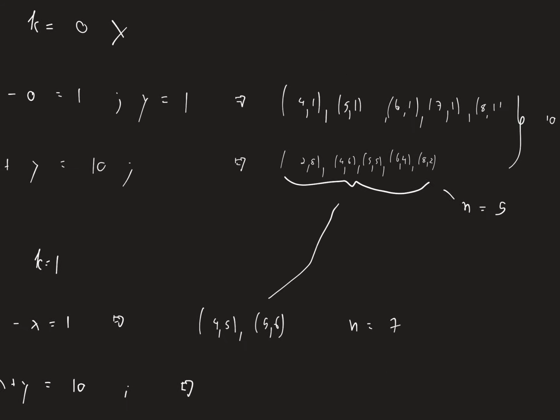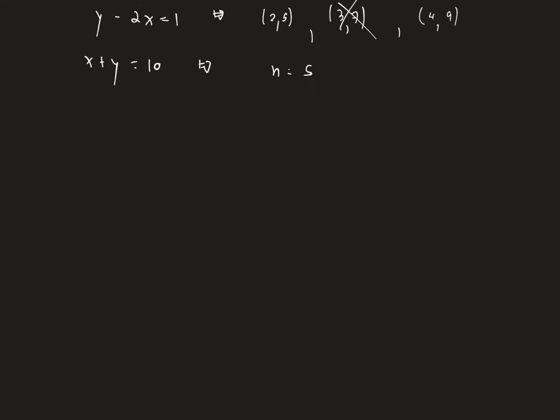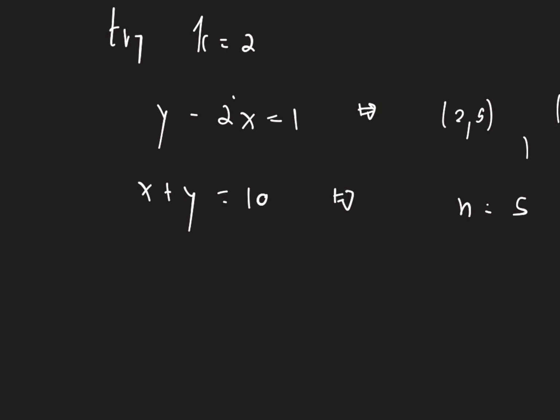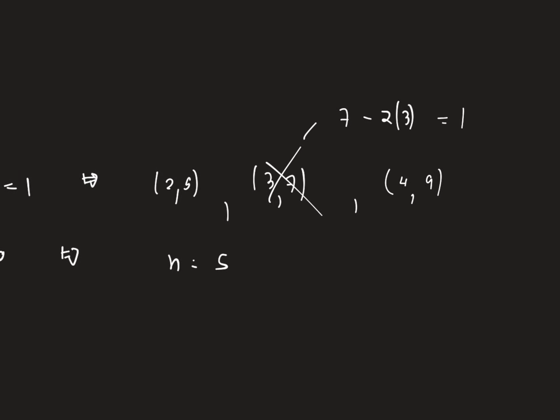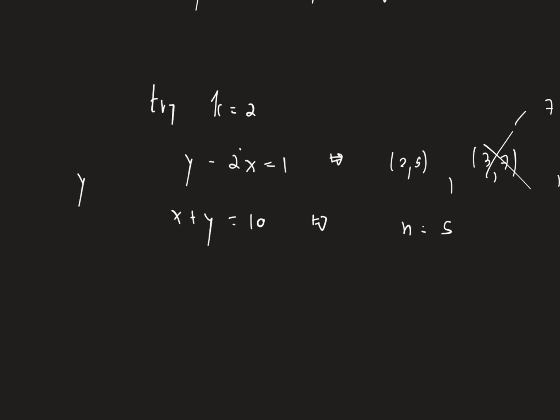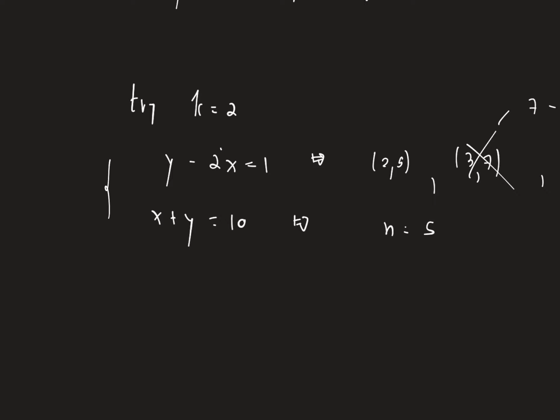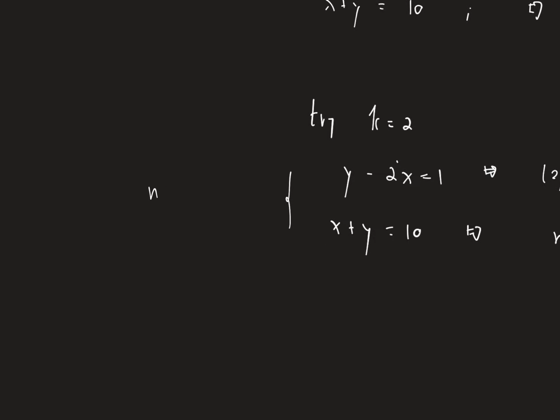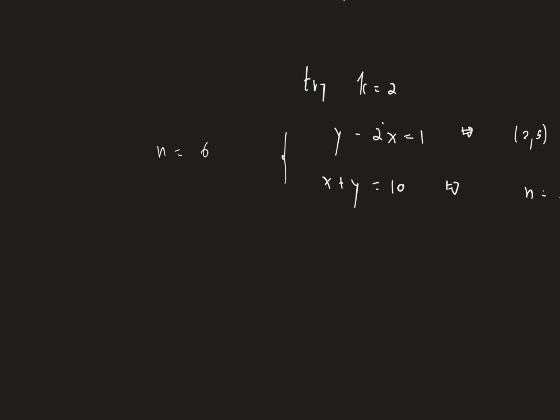So there is only one case possible, which is 2, 5. So total elements of this case is 6, which is what exactly the problem asks.